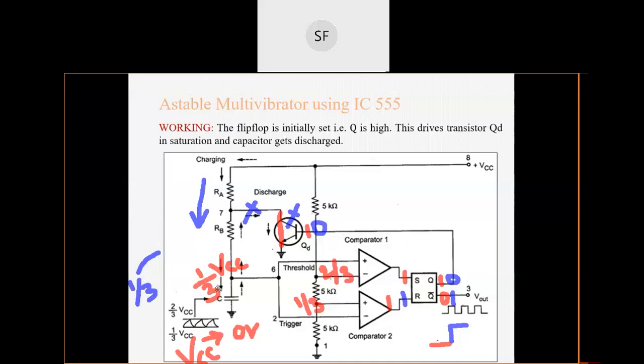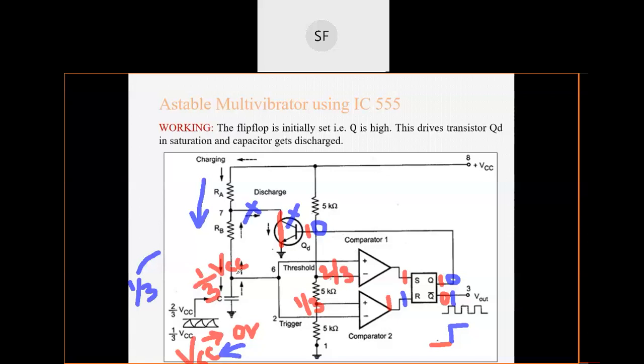Now again the interesting point is, suppose this capacitor will now charge towards VCC. Discharging will always be towards 0 volt and charging will always be towards VCC.